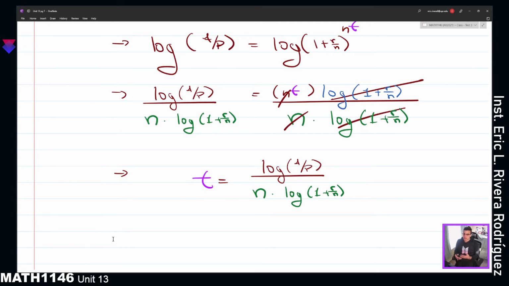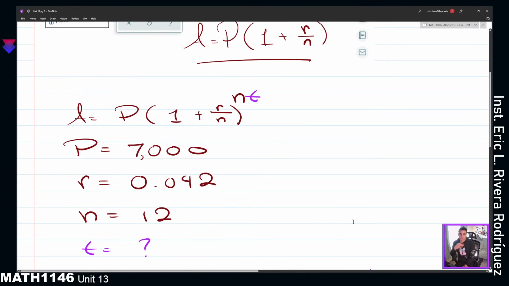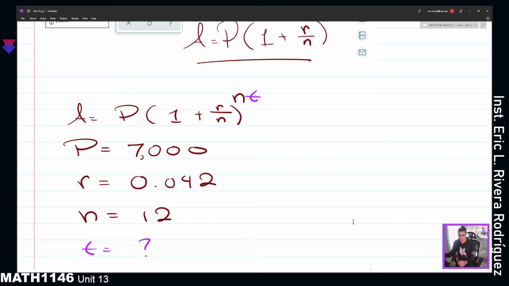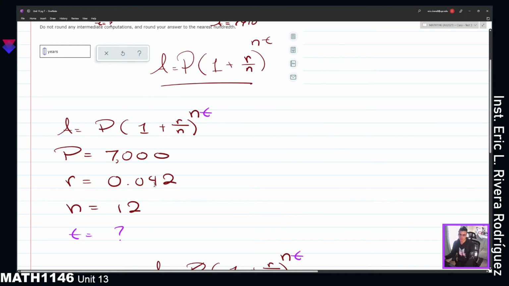Now what we want to do is to substitute the value that we have for a, p, n, and r. Why did I choose to work with the variables rather than the numbers? I find it more difficult to do this step of isolating t with the numbers rather than with the variables.